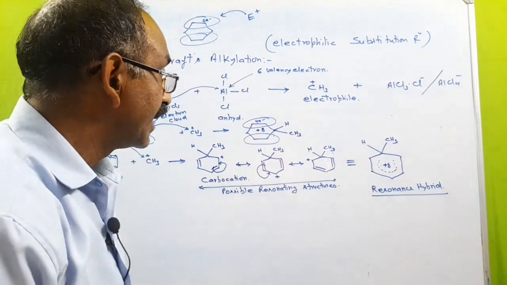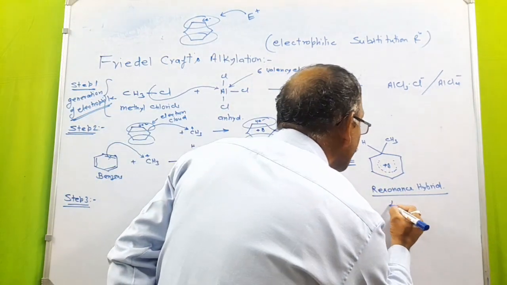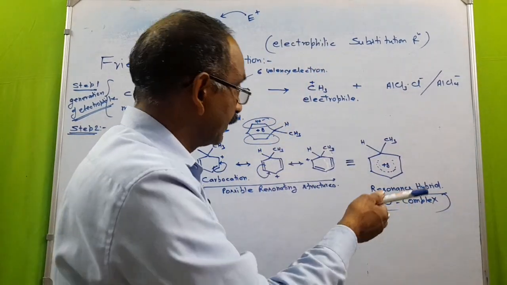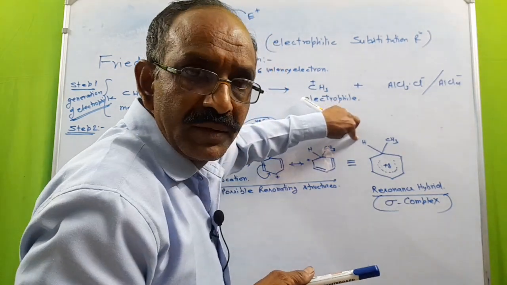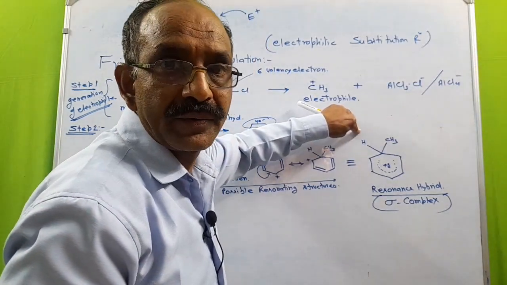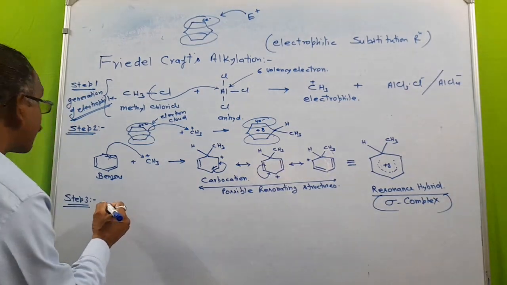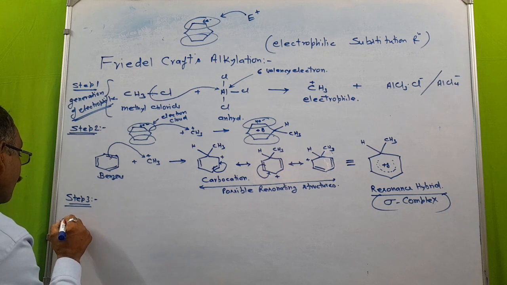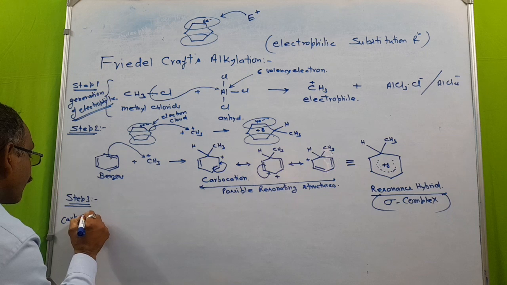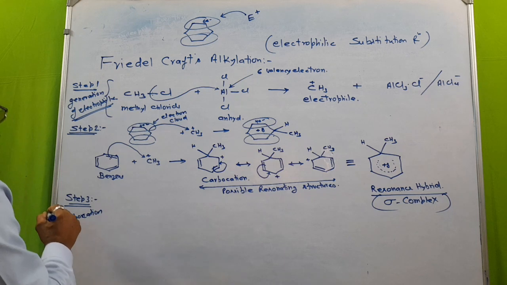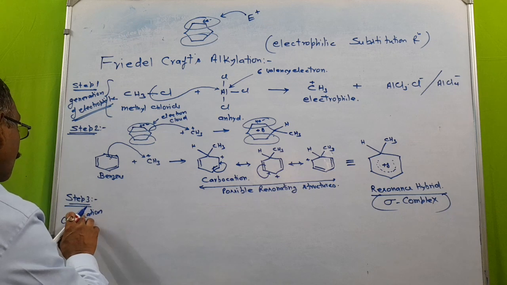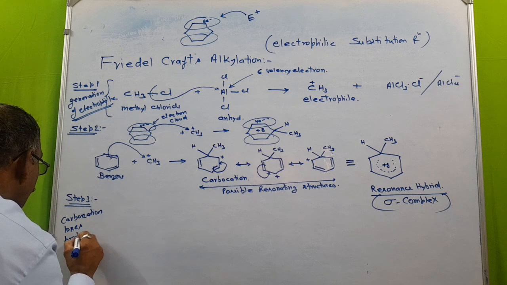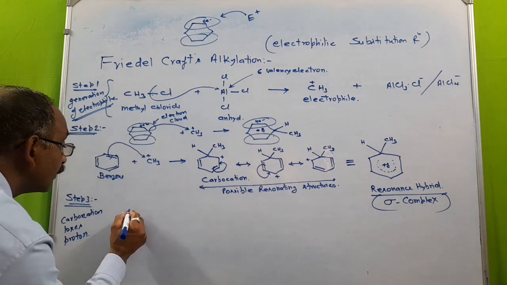Now the third step. In the third step, this resonance hybrid, which you may also call a sigma complex, sets free the hydrogen which has to be replaced, as a proton. Now, what happens here? In step 3, the carbocation loses a proton.